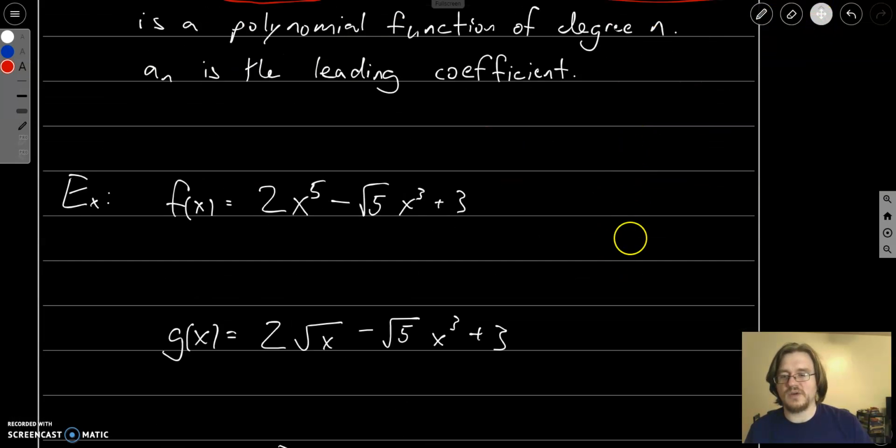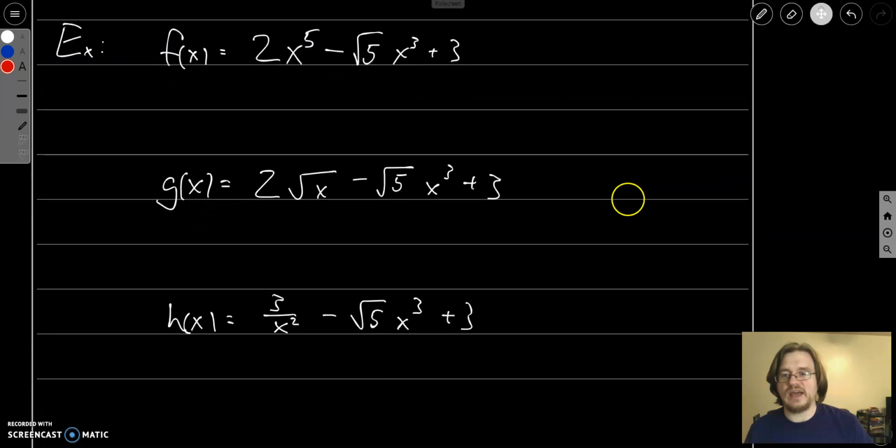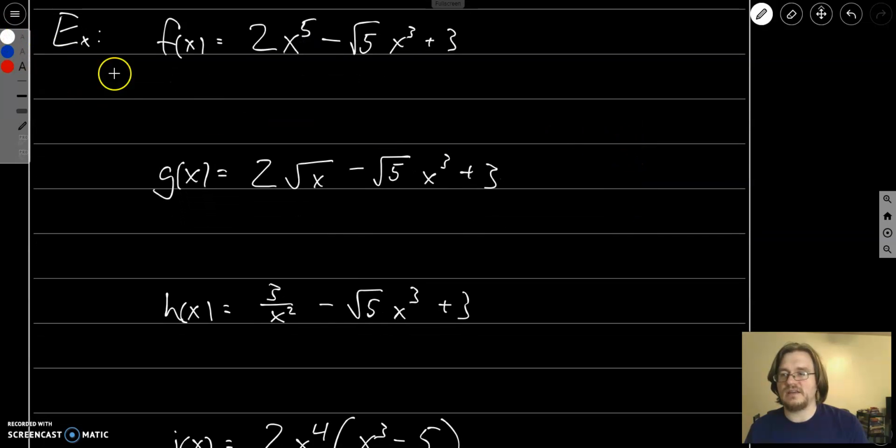So very quickly, when we look at a function like this, we go, okay, so let's see if this is a polynomial function. We see that we have x to the fifth power times the number, x to the third power times the number, and then no x is here.